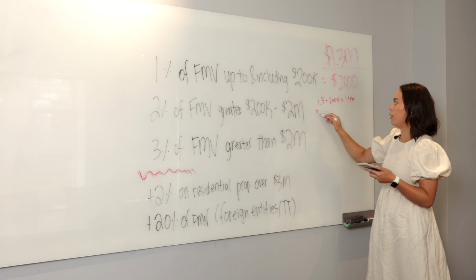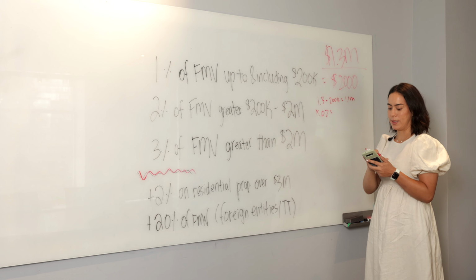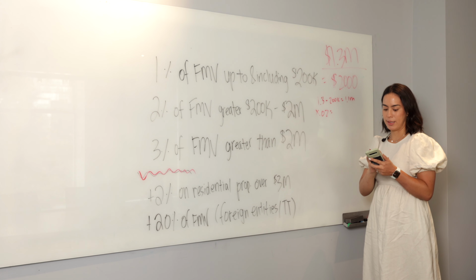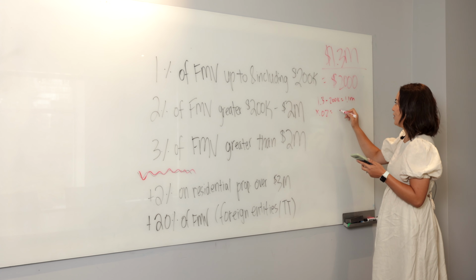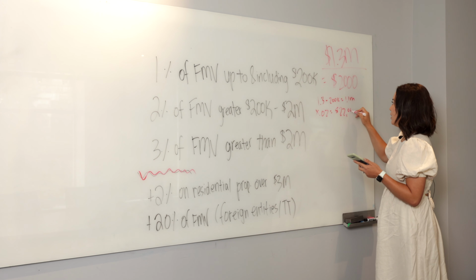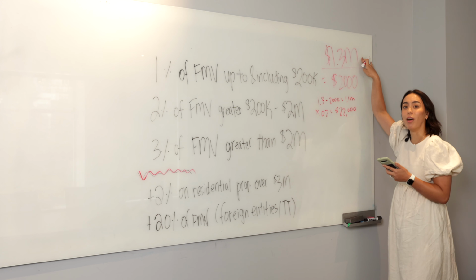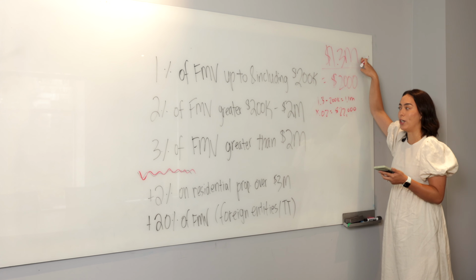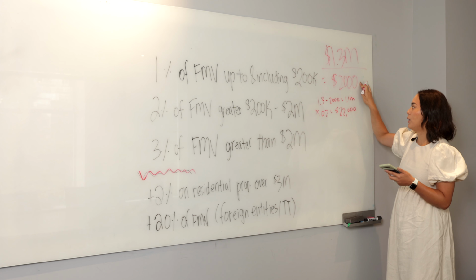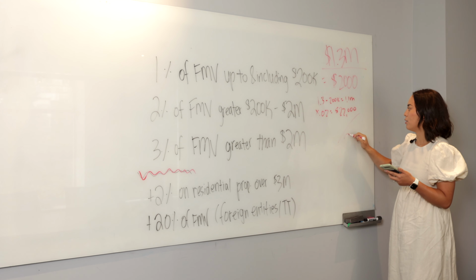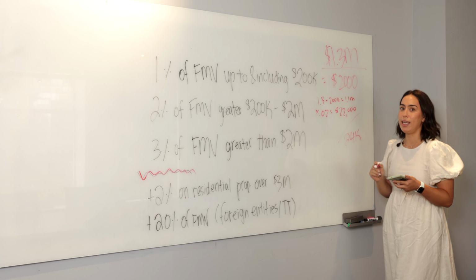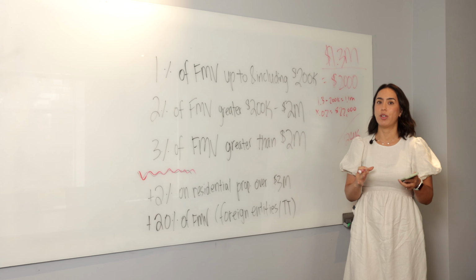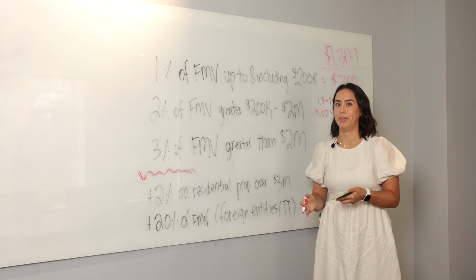So we multiply it by 2%, and we should get 22,000. But let's double check. Yeah, 22,000. So if you are dealing with a $1.3 million transfer, then you take $2,000 plus the $22,000. That's $24K in property transfer tax that is going to be due by the buyer at completion.